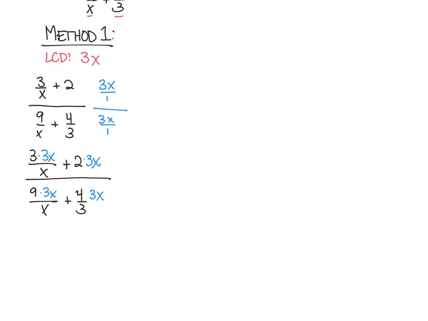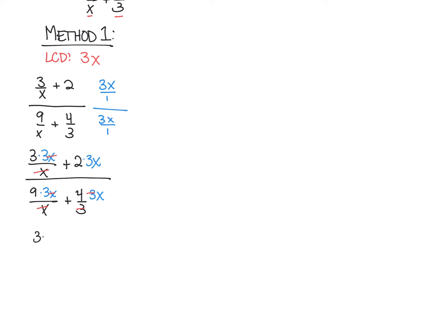What I'm going to do now is simplify, and I'm going to cancel like terms. Notice that I have an x and an x, those go away. I have an x and an x, those go away. I have a 3 and a 3, and those go away. So now I'm going to reduce this. This numerator, I'm left with 3 times 3, which gives me 9.